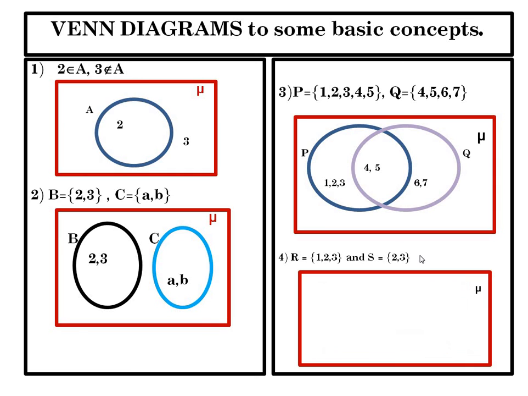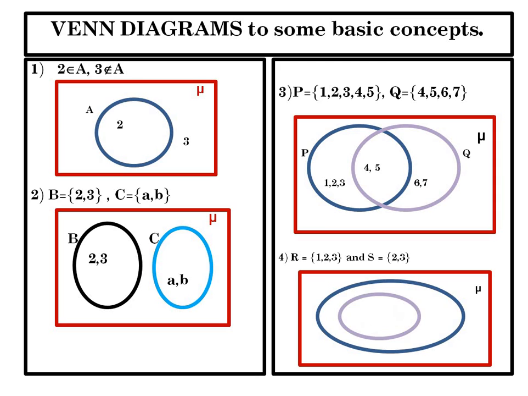Now see, this is the rectangle, the universal set mu. Next is the set R, and within that you draw the smaller circle that represents S. Next, first you write the elements existing in the inner circle, that is 2, 3.